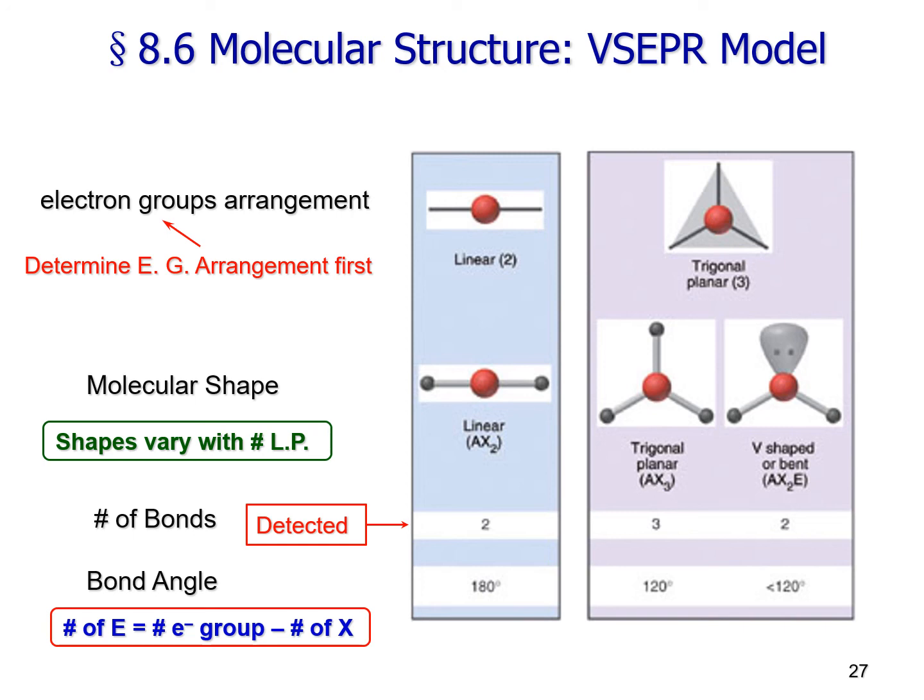With 2 electron groups, there's only 1 molecular shape, linear, the same as the arrangement. With 3 electron groups, we can have 2 different molecular shapes, depending upon whether we have a lone pair.